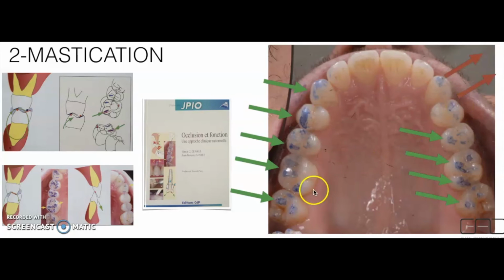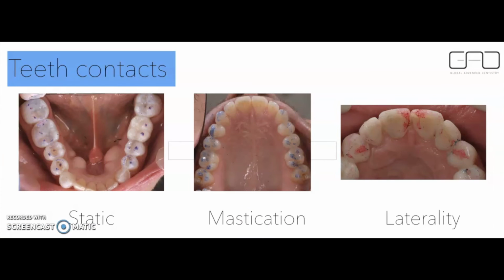So all this trajectory on this part, this one, and this one. This is a good trajectories. This is mastication. We want to create that. And more we have trajectory on this, more the patient is comfortable. So this is mastication, and the last part is laterality.